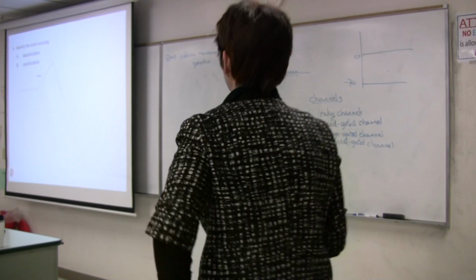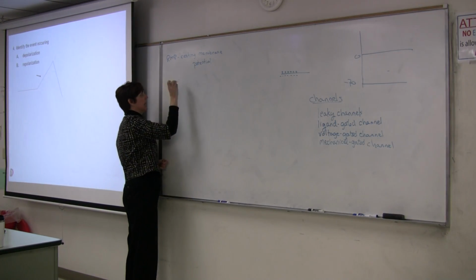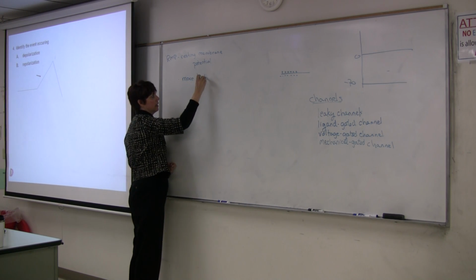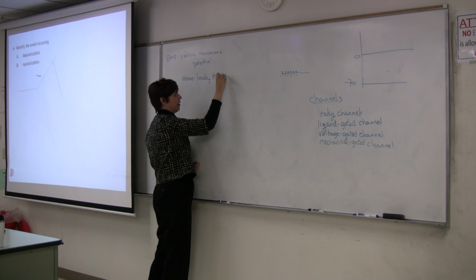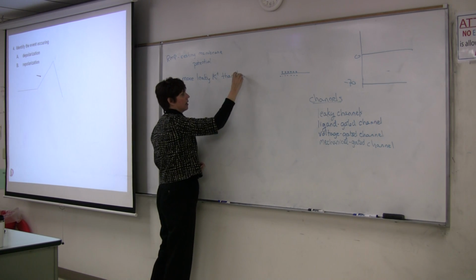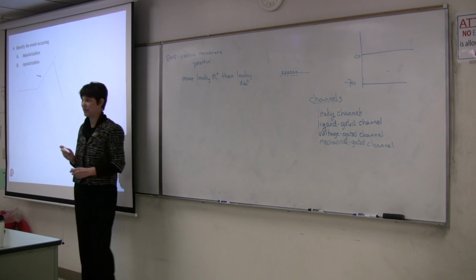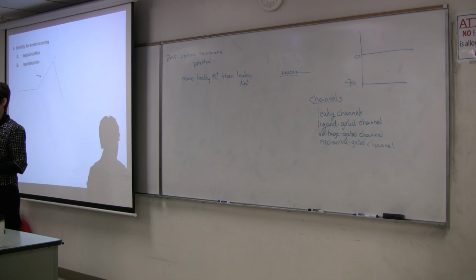There you go, potassium. All right, so one of the factors that creates a resting membrane potential is that there are more leaky potassium channels than there are leaky sodium channels. They're both single charge positive ions.